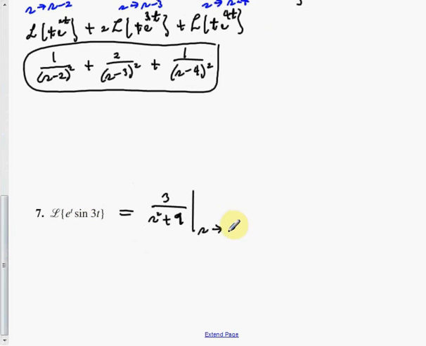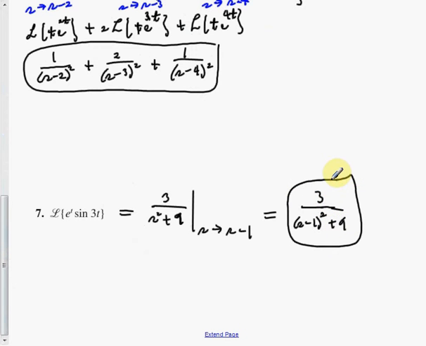So basically, wherever I have s, I'm going to write s minus 1. So this is 3 all over s minus 1 squared plus 9. Is that okay?